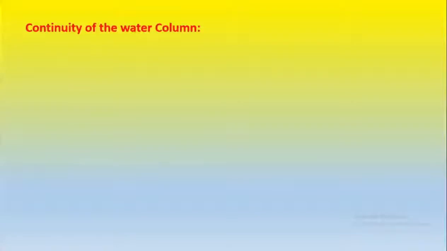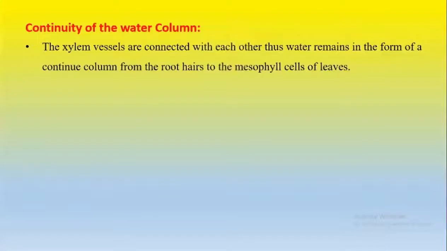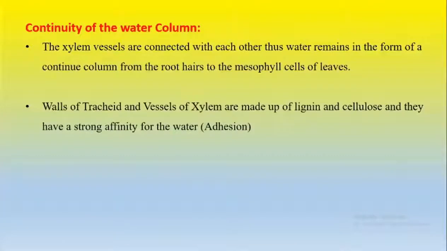The next point is continuity of water column. The xylem vessels are connected with each other. Thus, the water remains in the form of a continuous column from the root hairs to the mesophyll cells of the leaves.